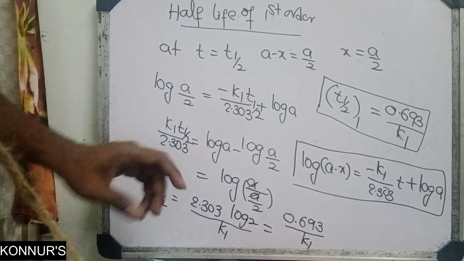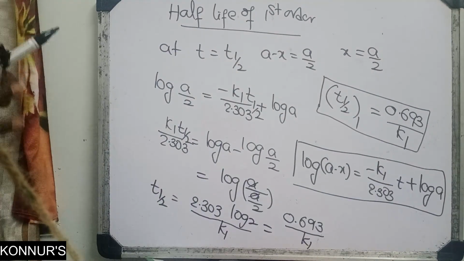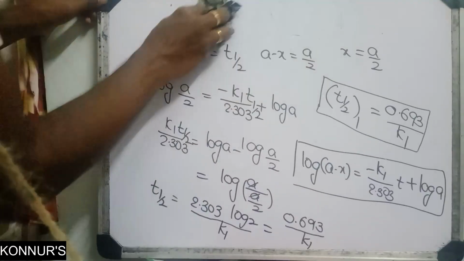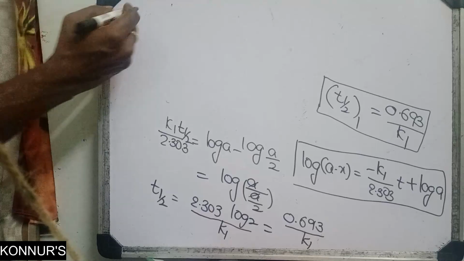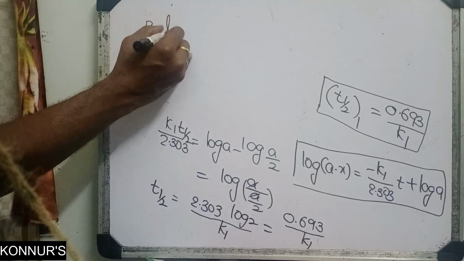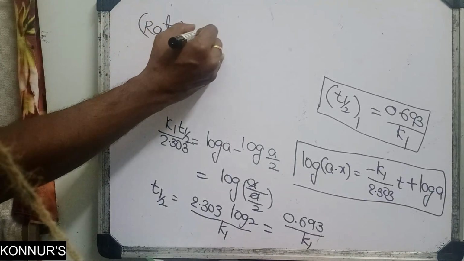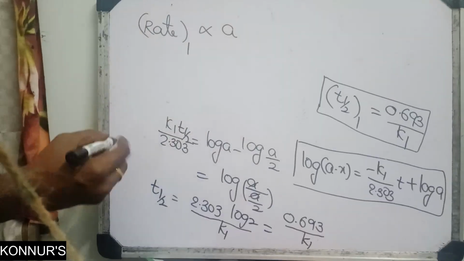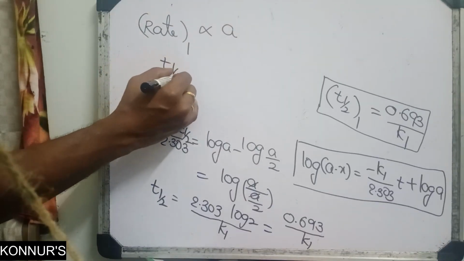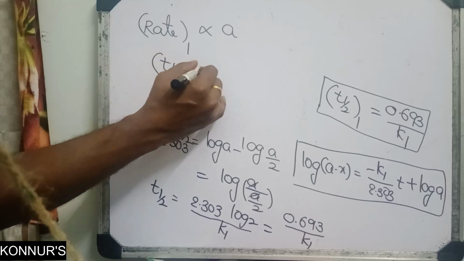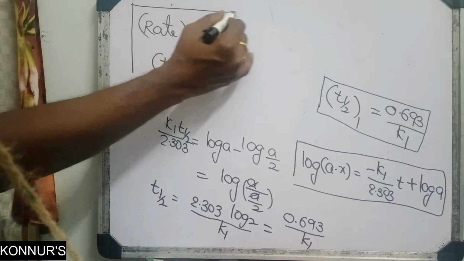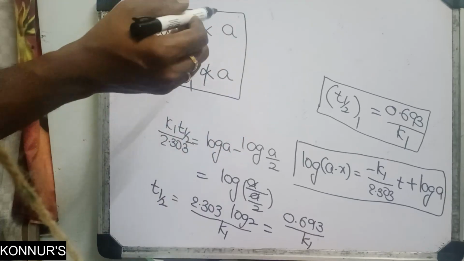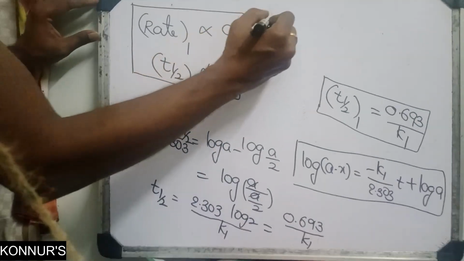So one important point we can write for first order: the rate of first order is directly proportional to initial concentration. So the t half of first order is not depending on a. So this is one important point. You can compare with zero order also.